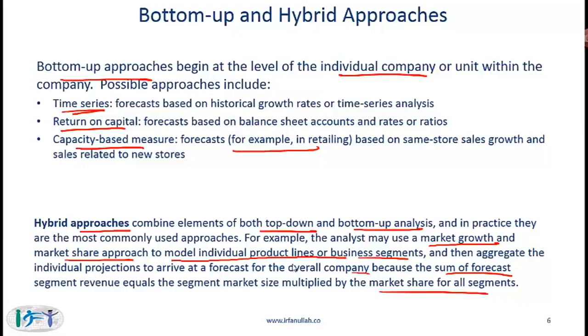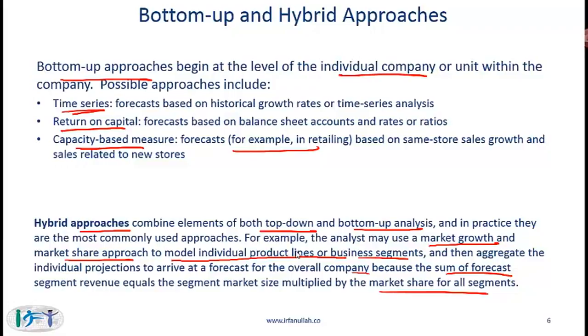If we go with my BMW example, if you are taking China, Europe and US as three separate regions, and then you are doing a top-down analysis within those regions, what you are really doing is hybrid, because first, you are taking the company, breaking it into geographic regions, and then within each region, you are doing a top-down analysis. So that's a hybrid.